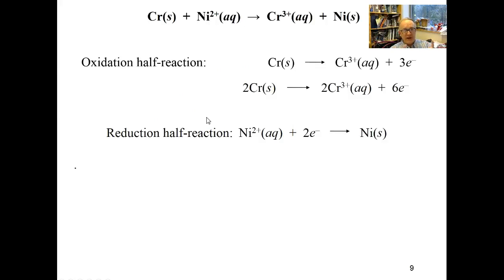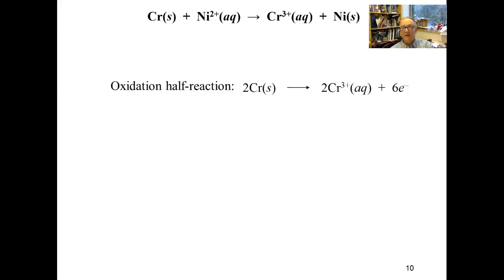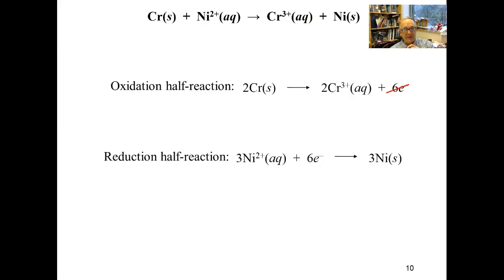Now our reduction half reaction from the other slide: nickel 2+ plus 2 electrons makes nickel solid. We will multiply this one by 3. So now we've got 3 nickel 2+ plus 6 electrons gives us 3 nickel solid. And so we can cancel out those 6 electrons from both of those.